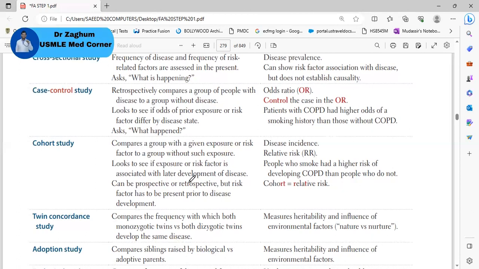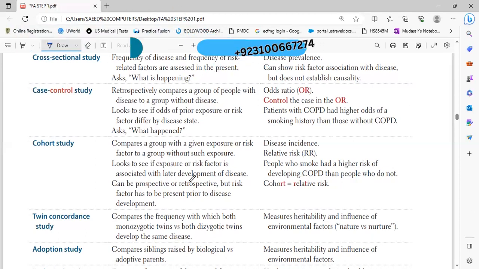The question is like this: ages are given, young adults' scores in USMLE versus older people's scores in USMLE. So that is the concept.